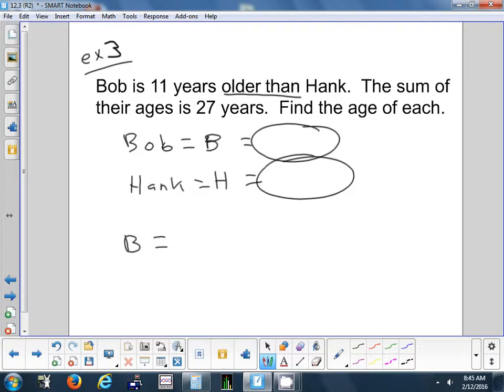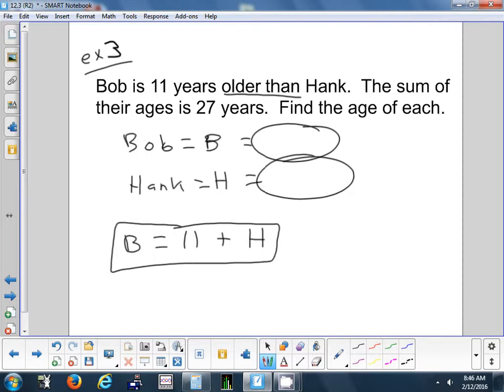Older is kind of like saying more. 11 years more than Hank, or 11 years older. So what operation do you think we use with older? We're going to add. Okay? 11 years older than, 11 years more than Hank. So what am I going to put right between the equal sign and the plus? 11. And Bob is 11 years older than who? Hank. Right?